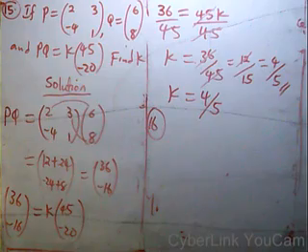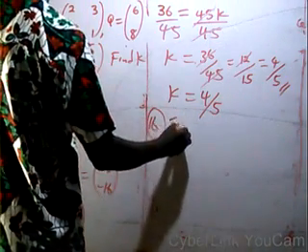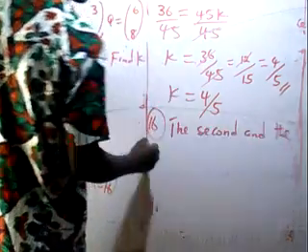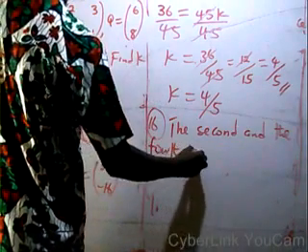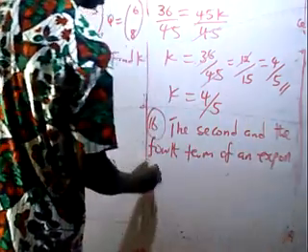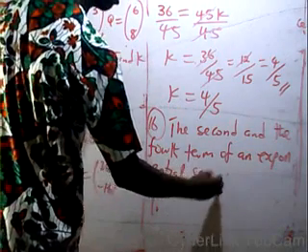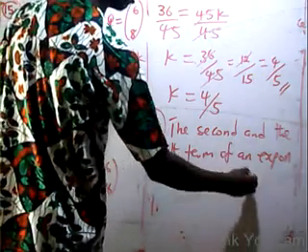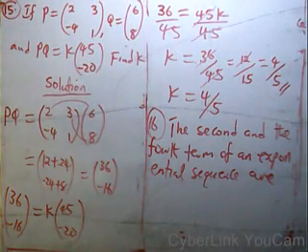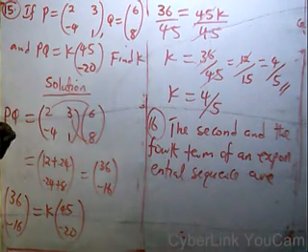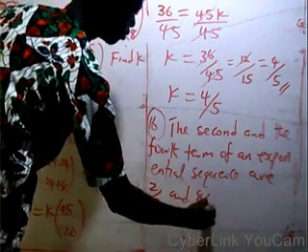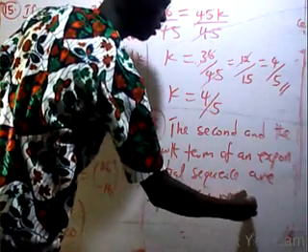Question 16. The second and the fourth term of an exponential sequence are 2 over 9 and 8 over 81 respectively.